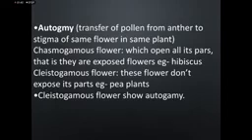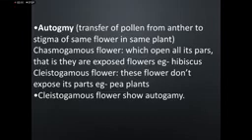Example, hibiscus, rose, etc. While in the case of a cleistogamous flower, these flowers don't expose their parts. Example, pea plant. And cleistogamous flowers generally show autogamy. That can be discussed later.